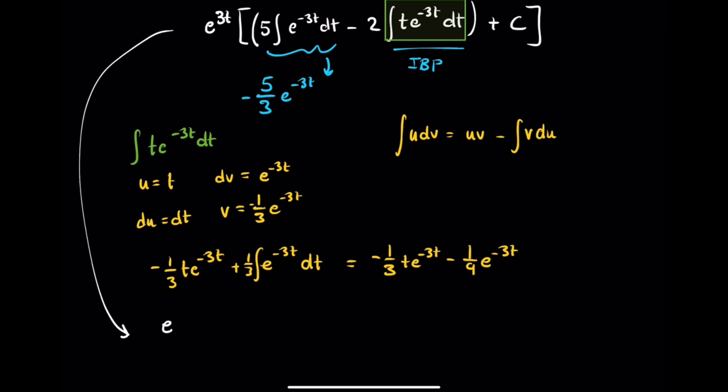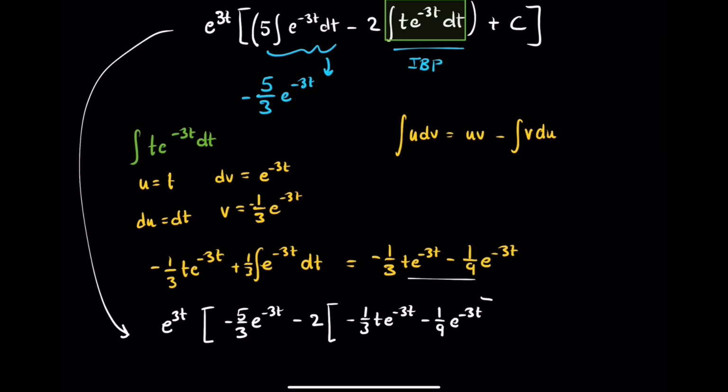So e to the 3t times minus 5/3 e to the minus 3t, then minus 2 times what we found here: minus 1/3 t e to the minus 3t minus 1/9 e to the minus 3t, and then plus c, like so.